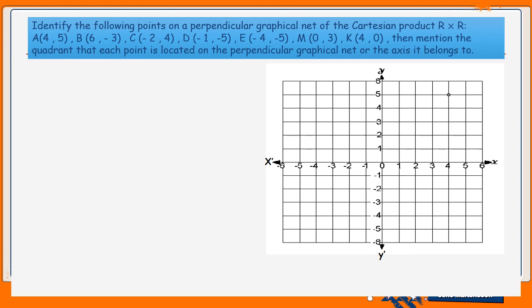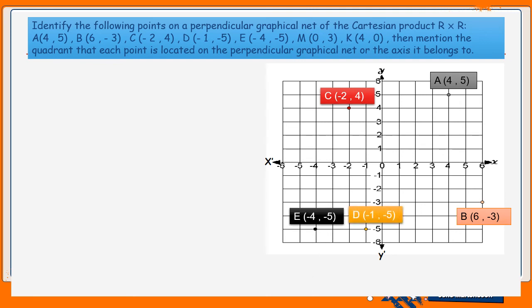We want to plot A with (4, 5) here, and B (6, -3). The point will be here. C, the point (-2, 4). D (-1, 5). E (-4, -5). M (0, 3) will be located on the y-axis.